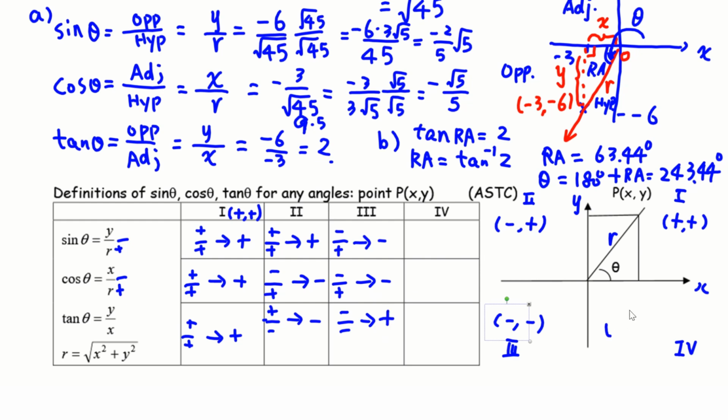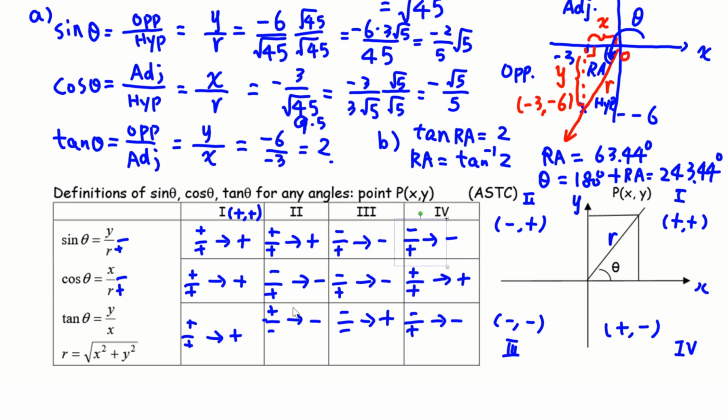And for the fourth quadrant, the x is positive, y is negative. So y negative divided by positive r gives you negative. X positive divided by r positive gives you positive. Y is negative, x is positive, divide, gives you negative.